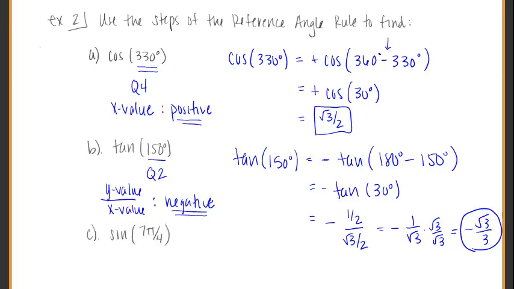So the tangent of 150 degrees is the negative square root of 3 over 3. And if you wanted to, you can pull out your t-chart and double check. Go to the coordinate at 150 and divide the y by the x, and you should get the exact same thing. It's just that this way, all I have to know is basically the coordinates from 0 to 90 degrees, and that's about it.